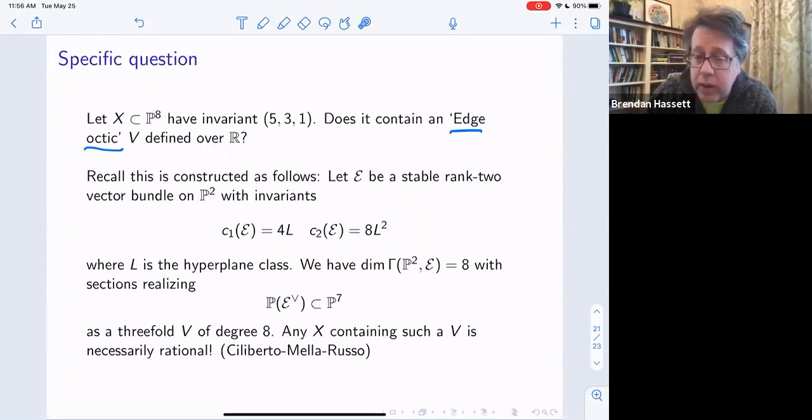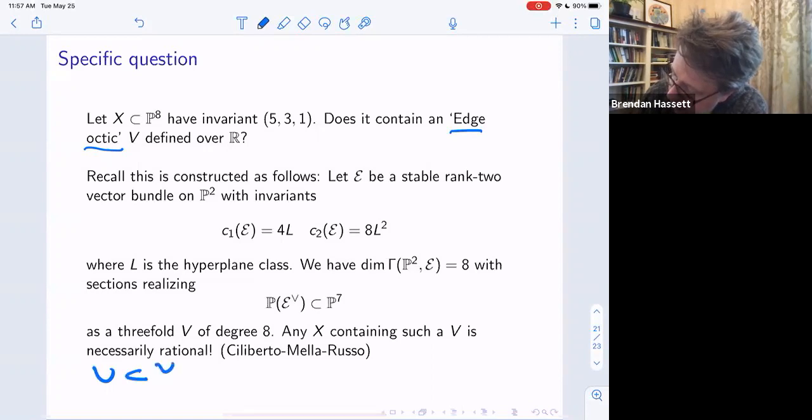When you look at the global sections of the bundle, it gives you a realization of the corresponding threefold, the projective P1 bundle over P2, as a subvariety of P7 of degree 8. And so it's known that if V contains a cubic, then Y has to be rational.